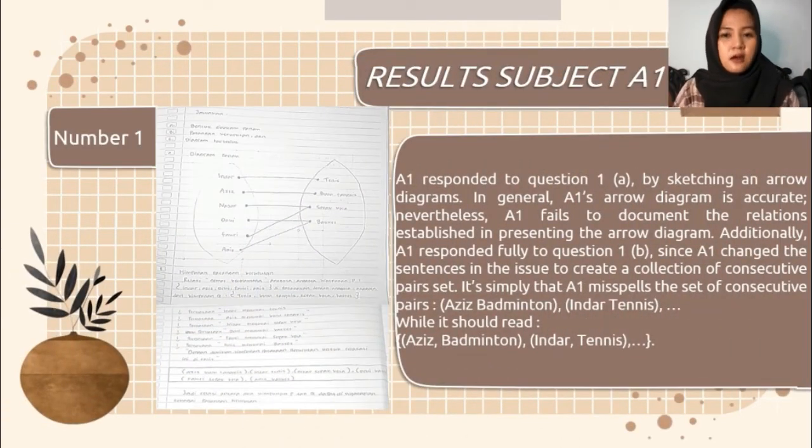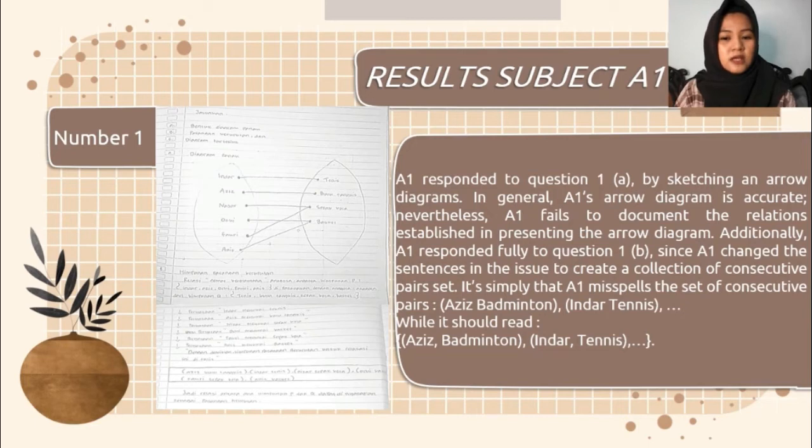Okay, the next is the result for subject A1. Number 1. A1 responded to question 1A by sketching a row diagram. In general, A1's row diagram is accurate, nevertheless A1 fails to document the relation established in presenting the row diagram.